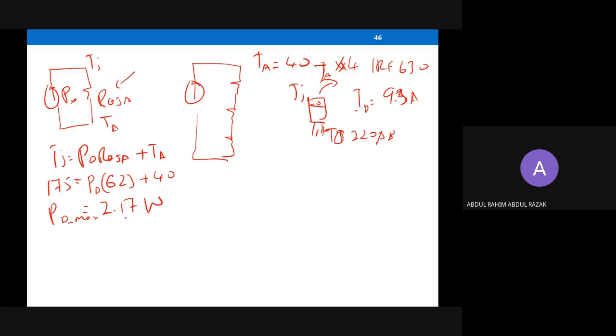So at these 2 watts, how much is the current? Our main concern, as we mentioned just now, is Tj. Tj comes from PD, and PD comes from I. So you have to calculate I, or you can get it directly from the application.